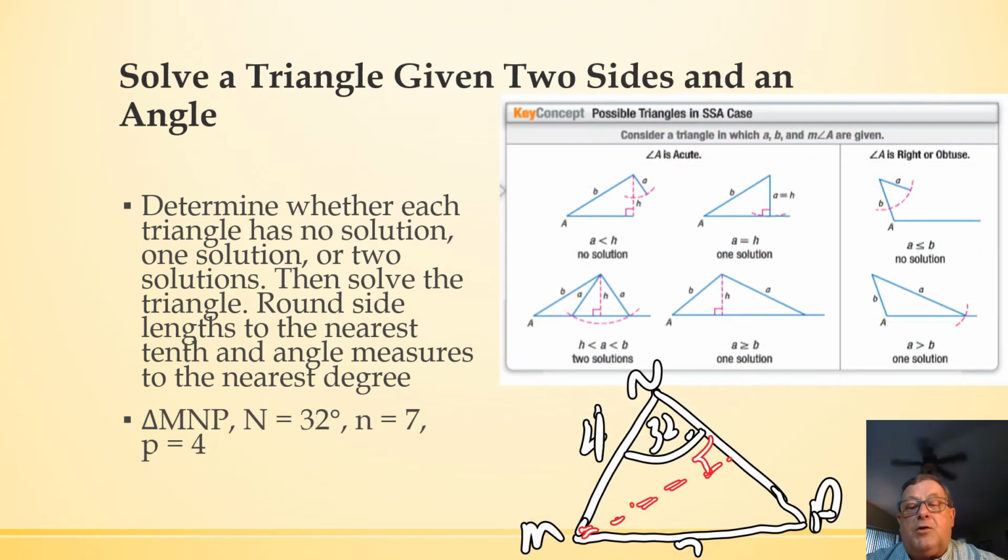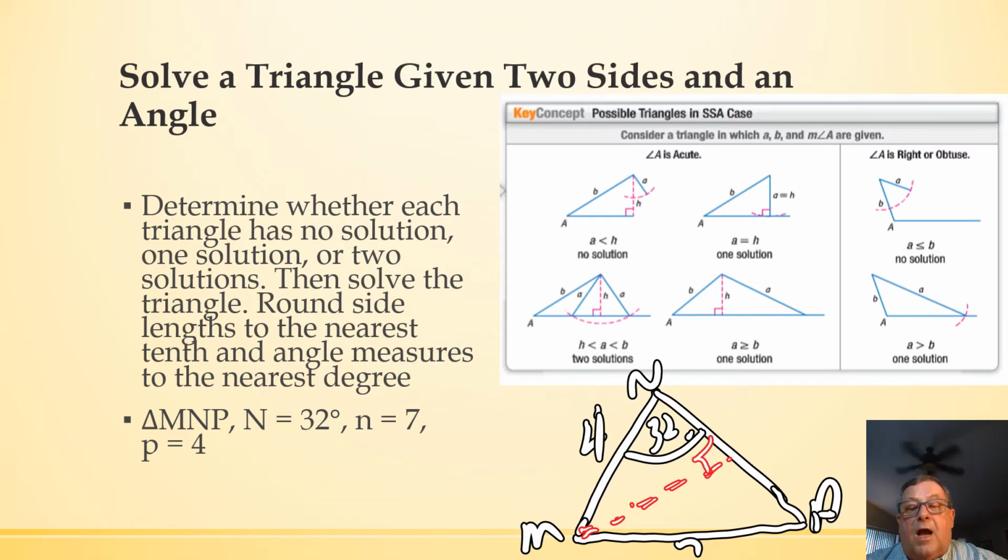All right, this time we have triangle MNP. And let me say this, you should always sketch your triangles. They don't have to be drawn to scale, you just need something you can visualize. We know angle N is 32 degrees, and the side opposite that is 7.